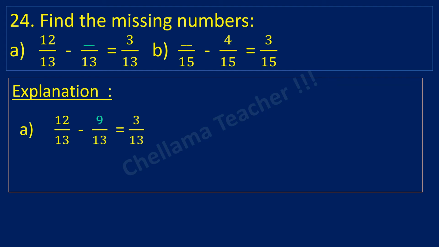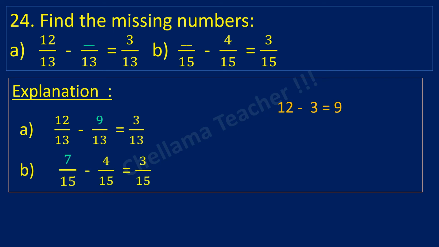Part A: 12/13 minus dash/13 is equal to 3/13. All these are like fractions, so we have to calculate the numerators only. Here 12 minus 3 is equal to 9. That 9 is the missing number.